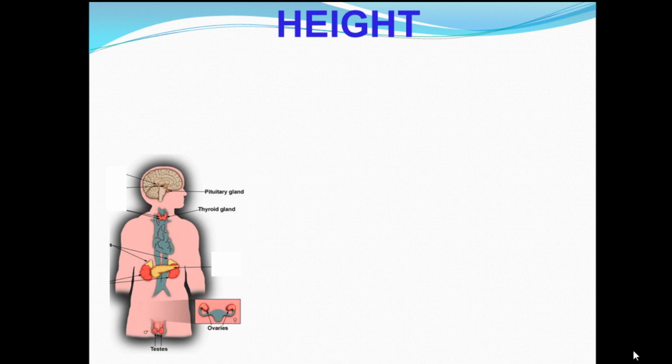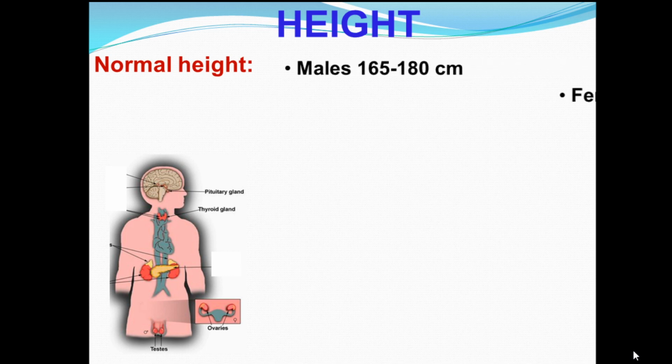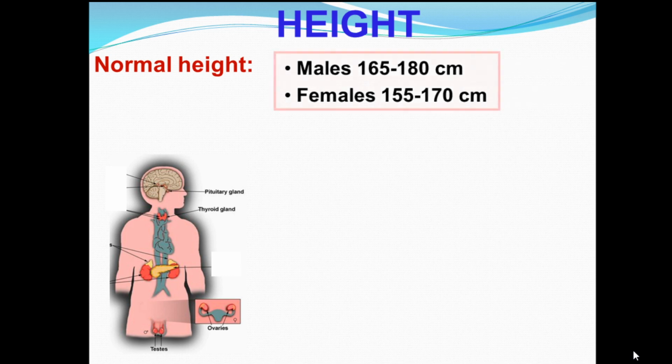Our height is regulated by the glands of the endocrine system, and first of all the pituitary, thyroid gland and sex glands. As a result, we distinguish normal height for males and females, which is slightly less.